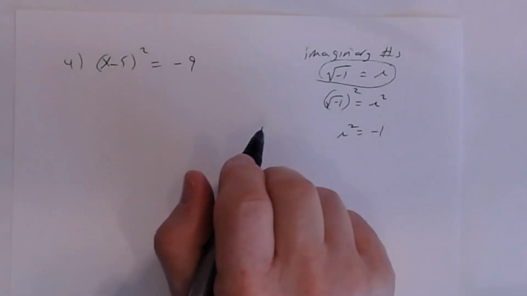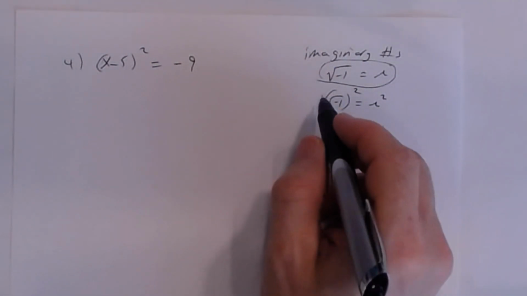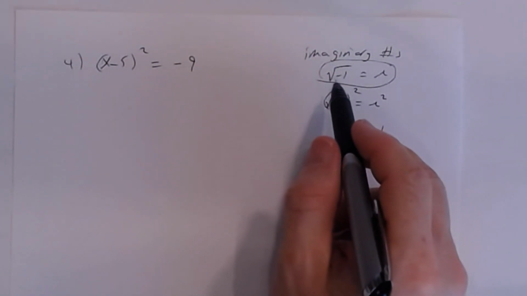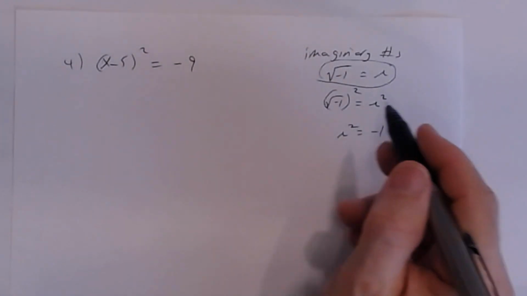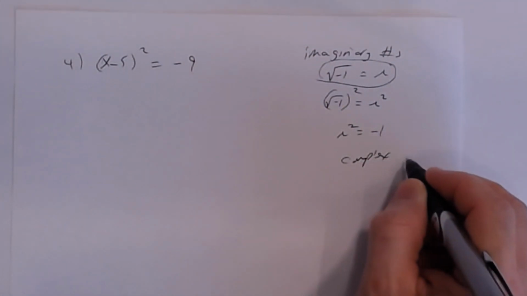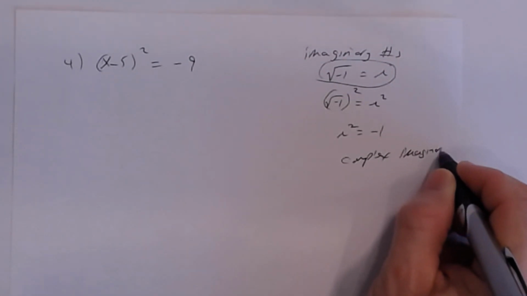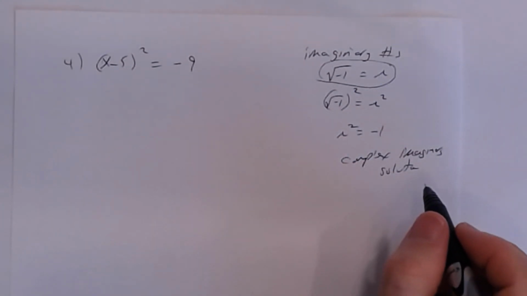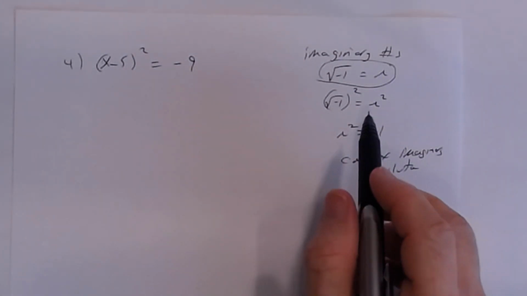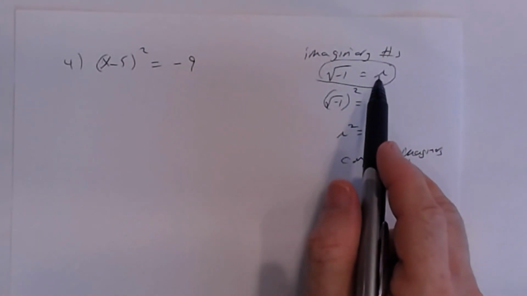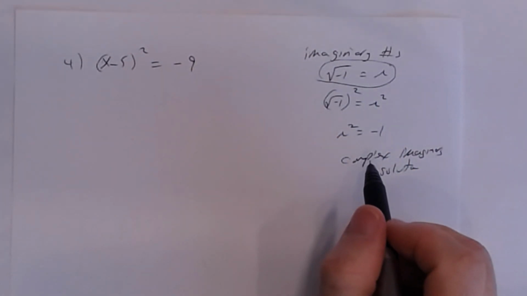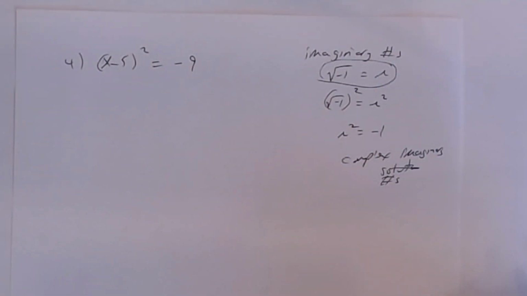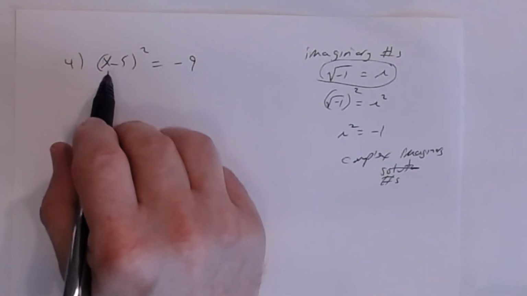Sometimes they'll refer to a solution that has i in it as a complex solution, but it's really a complex imaginary solution, because real numbers are complex numbers as well. When we talk about a number with an i in it, we say complex imaginary solutions or complex imaginary numbers.